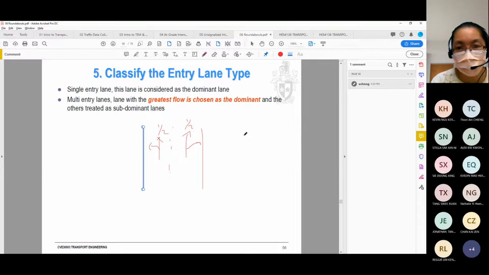This usually is our assumption. If it is not stated, you can also make your own assumption, but you just have to state it very clearly.